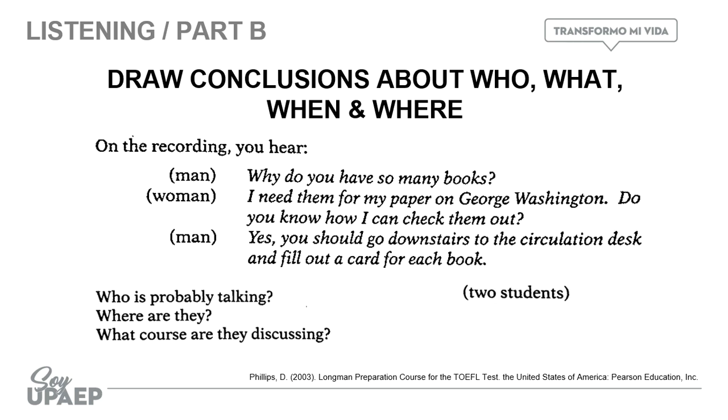Well, because of expressions like check them out and the circulation desk and fill out a card for each book, we can draw a conclusion that this is happening in a library. Okay, what course are they discussing? Because of the phrase my paper on George Washington, we can determine that the course that they are discussing is American history.